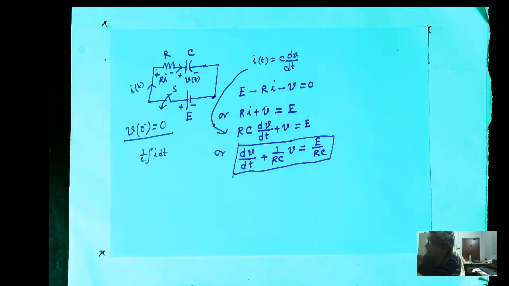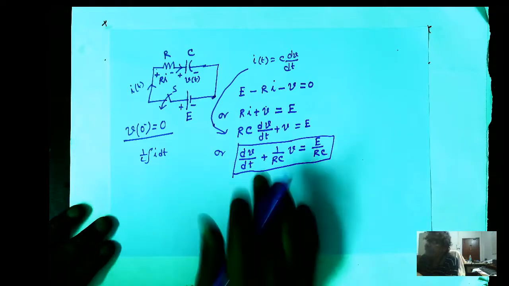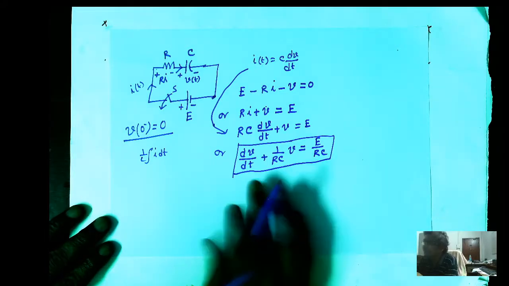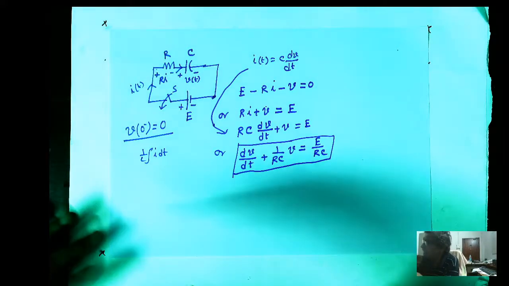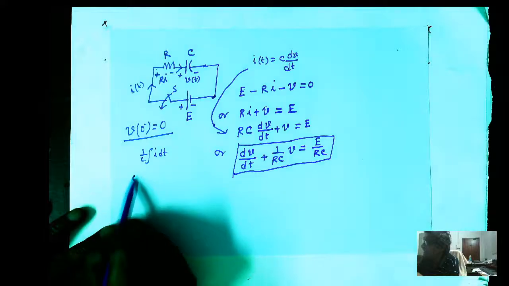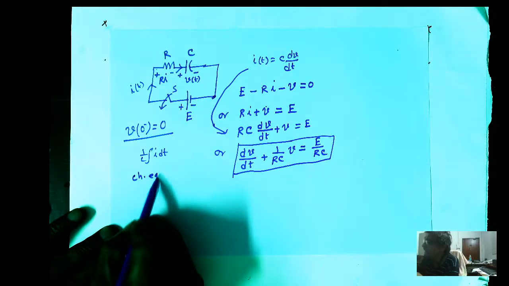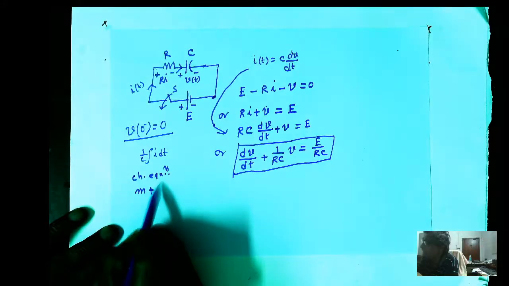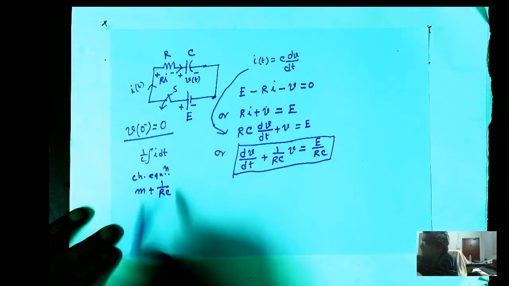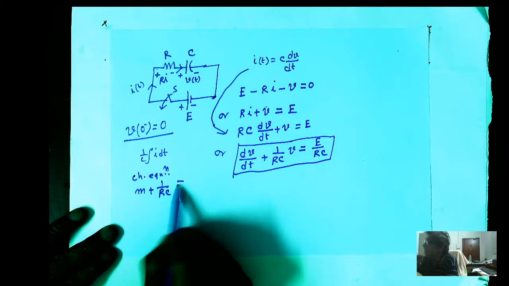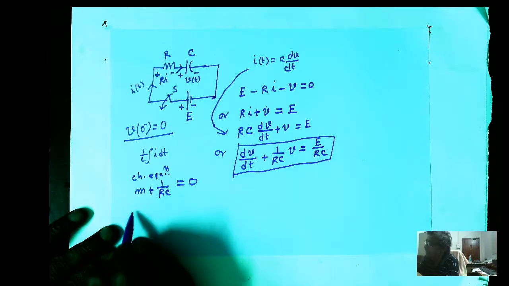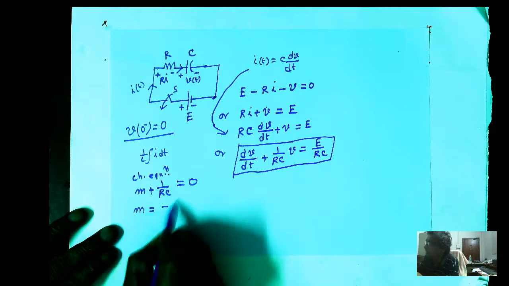Now here you can see the solution of this equation. This time I will write down straight away. The only thing I will write is the characteristic equation: m plus 1 over RC is equal to 0. That is the characteristic equation with the right hand side 0. So the root is minus 1 over RC.